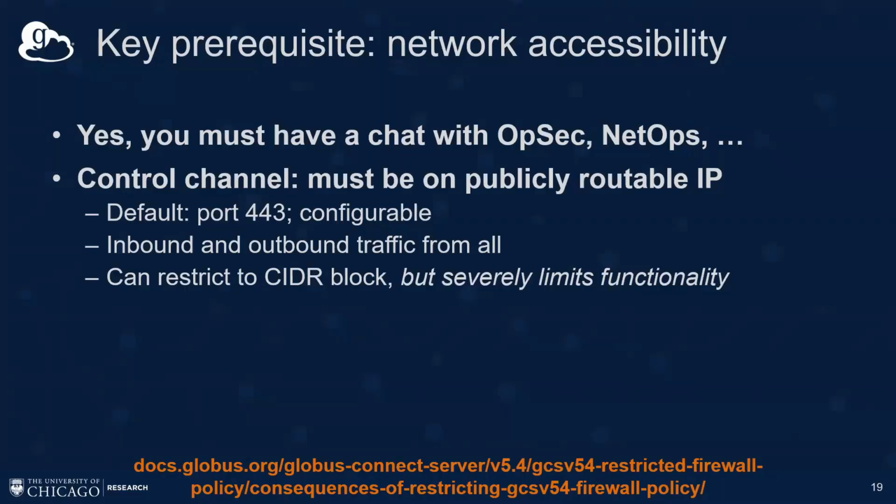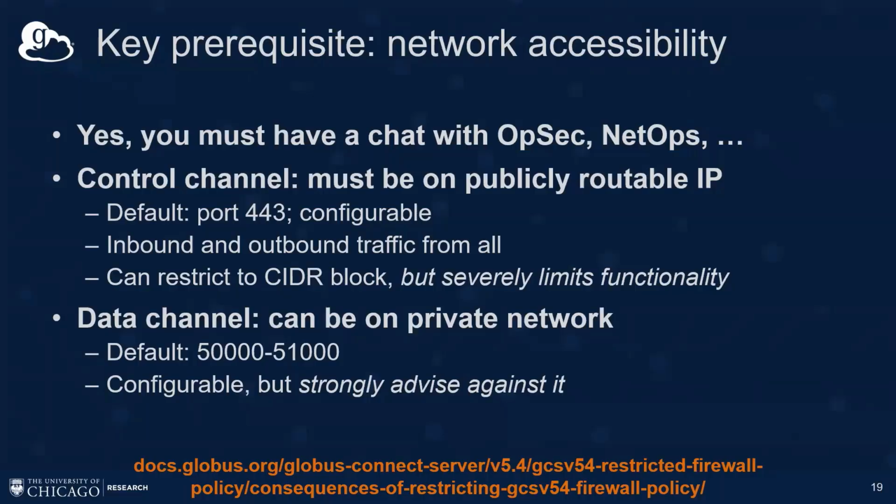You can restrict it to just the Globus netblock, which I forgot, maybe .29. But this really affects the functionality. Our strong recommendation is to have the DTN on the public network for the control channel. Have it on a publicly routable IP.